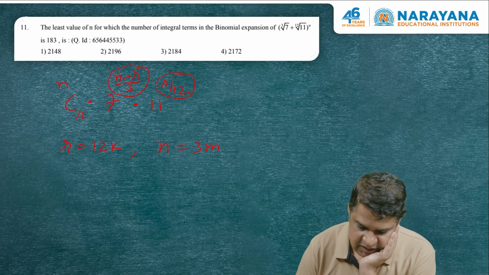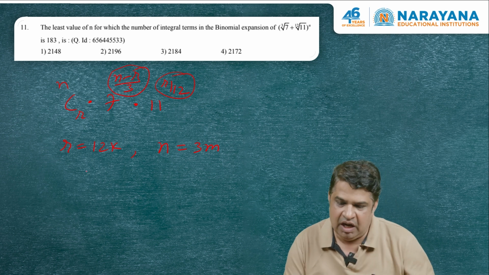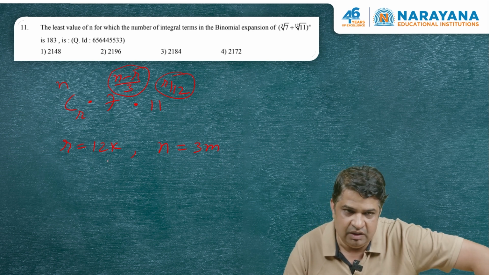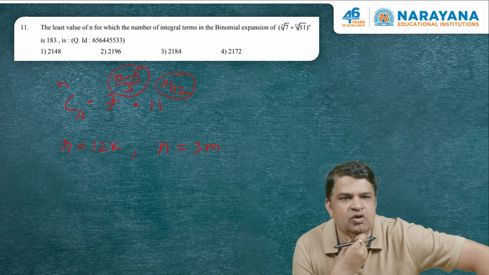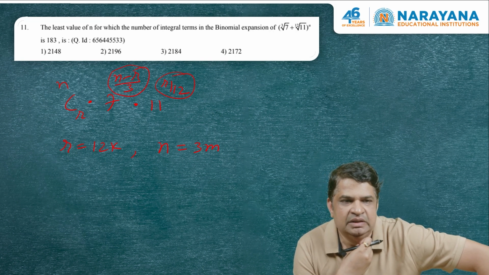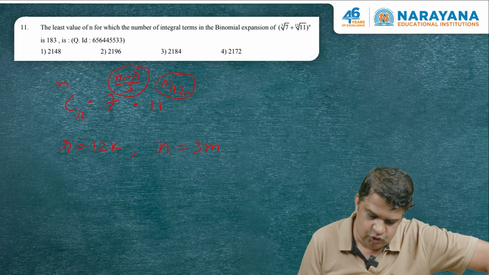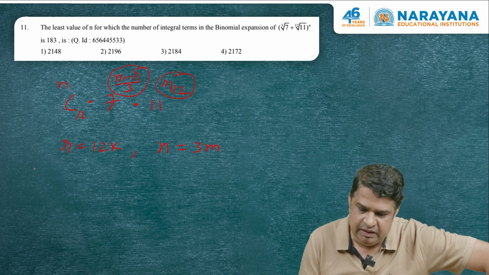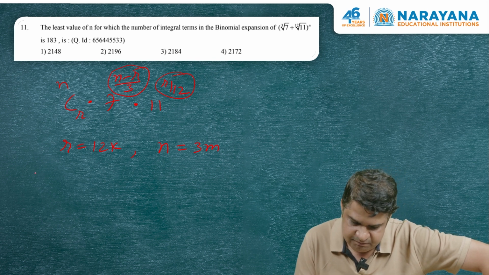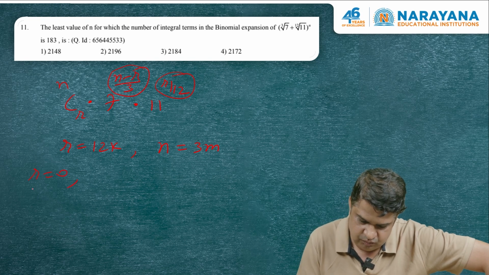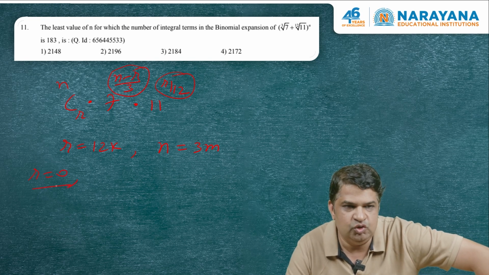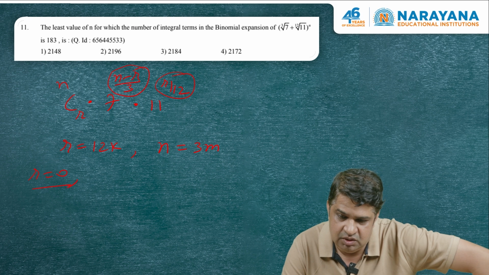Now, the number of integral terms means how many r we get which are multiples of 12. Our requirement is 183 integral terms. Obviously, one integral term we will definitely get when r is equal to 0. Except r equal to 0, we need 182 more terms.